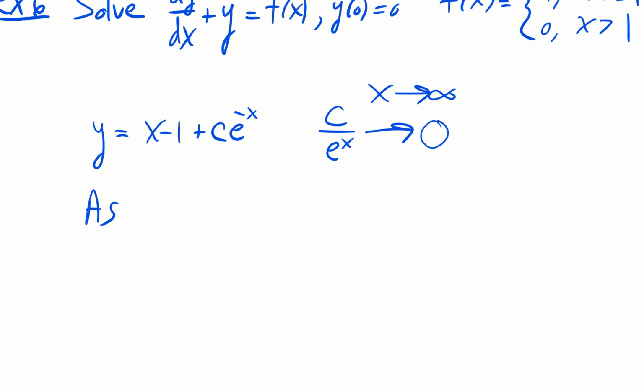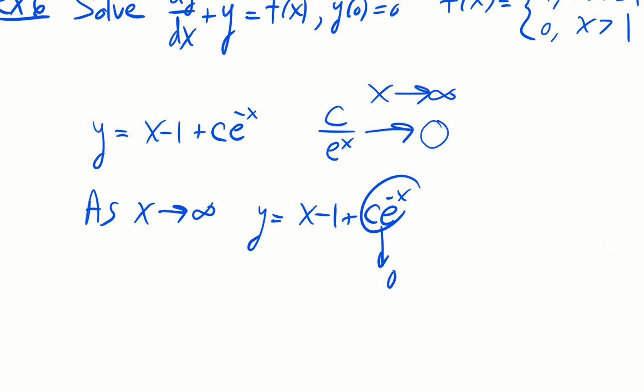So what we see is that as x approaches infinity, our function is going to begin to look like this piece goes to 0. It's going to be looking like the function x minus 1. We refer to this term, the c e to the negative x, there's a name for this, it's what's called a transient term.